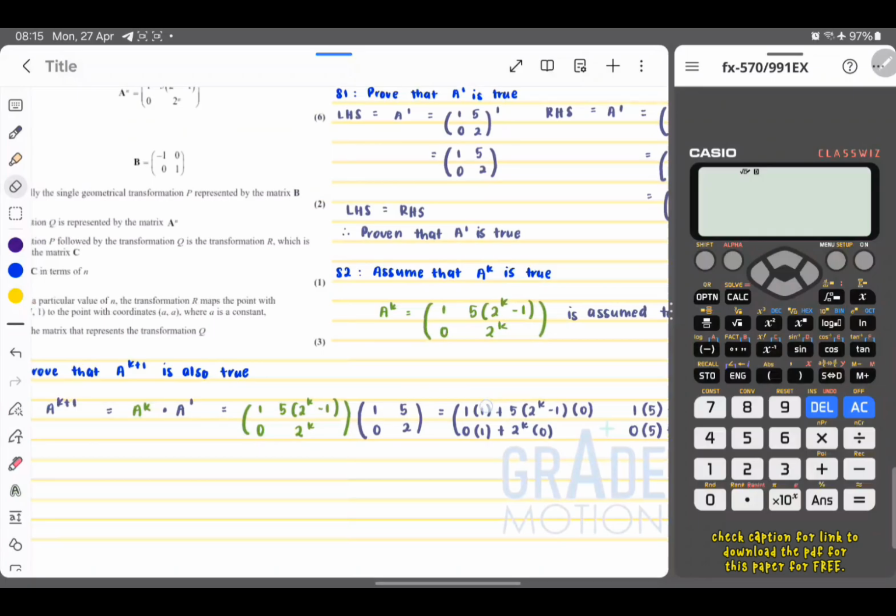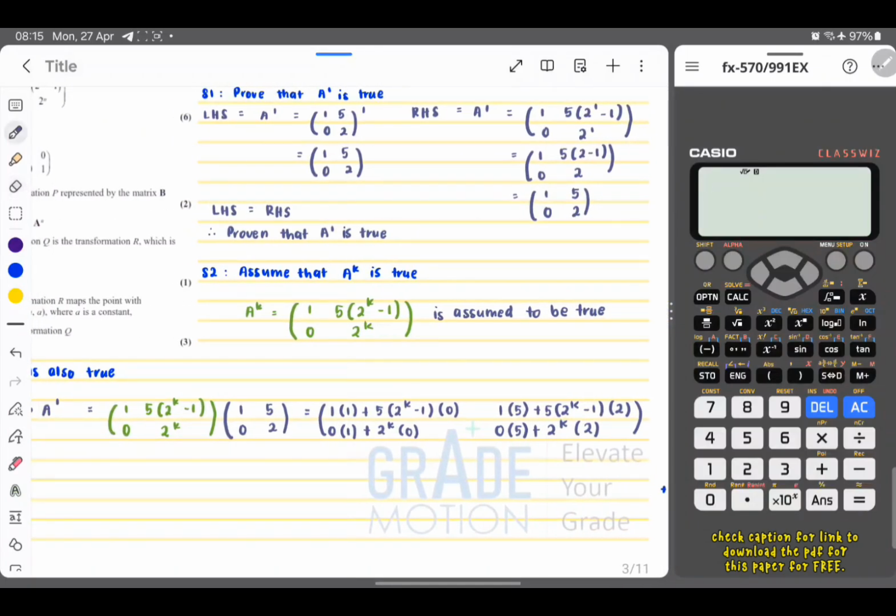Let's now simplify our matrix. Over here, I will get 1 times 1 is 1. And then over here, anything multiplied by 0 would be 0. So 1 plus 0. Over here, it will be 0 plus 0. This one would be 5 plus 5, open bracket.